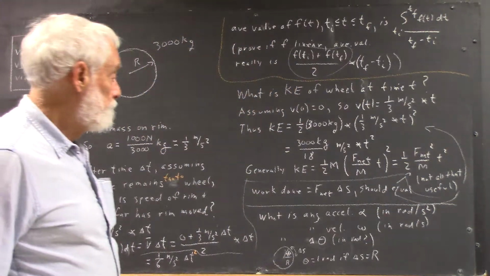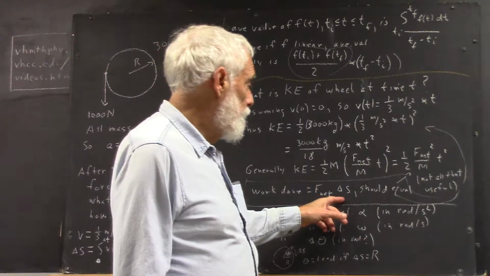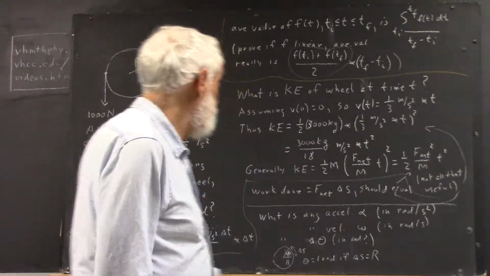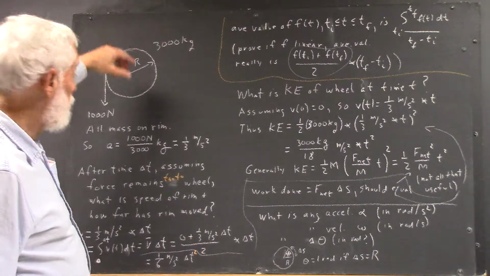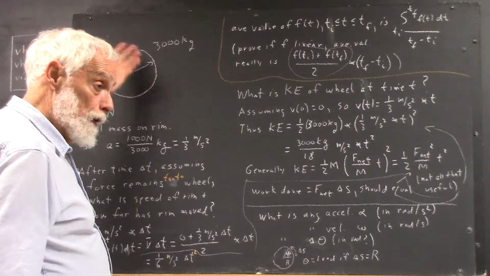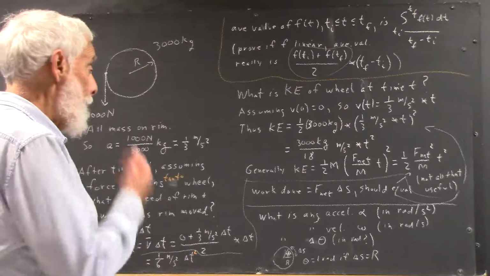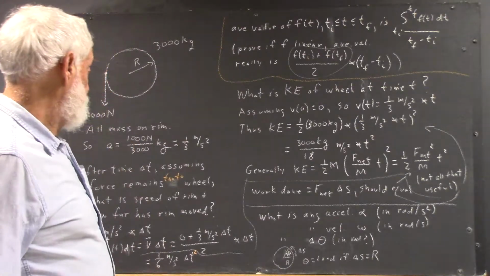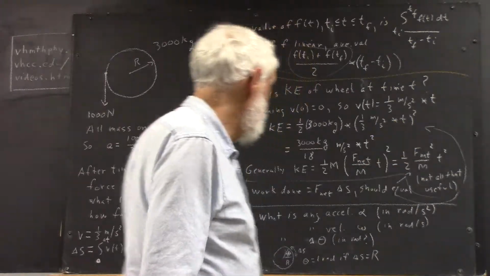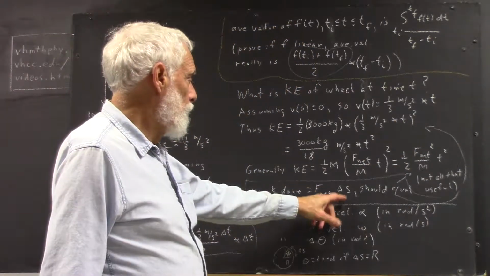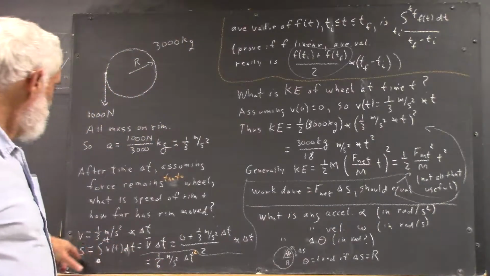The work done, which is F net delta S, where delta S is the distance a point has moved along the arc. Every point will have moved that far along the arc of the circle. And that should equal this expression at time t. I leave that for you to work out. You can figure out the delta S. Well, we did that here.